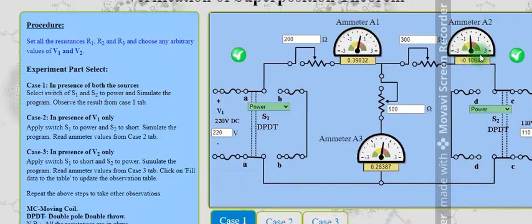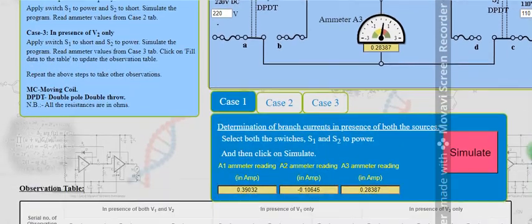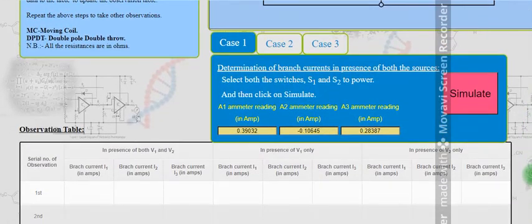Here also, ammeter current 2 is a minus value, so it is tilted a little towards minus. A3 is positive, so it is tilted towards the positive side. Likewise, you got all three branch currents through this.